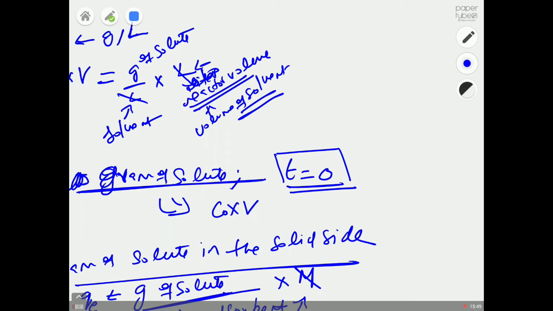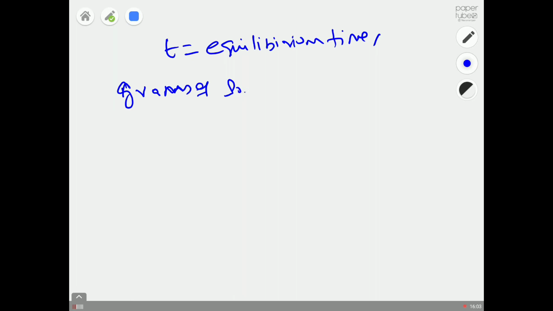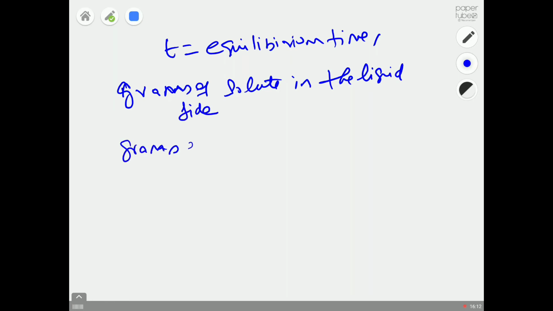Let's assume that we already finished our equilibrium experiment and we reached the equilibrium time, and now you can calculate the grams of solute in the liquid side and the grams of solute in the solid side.